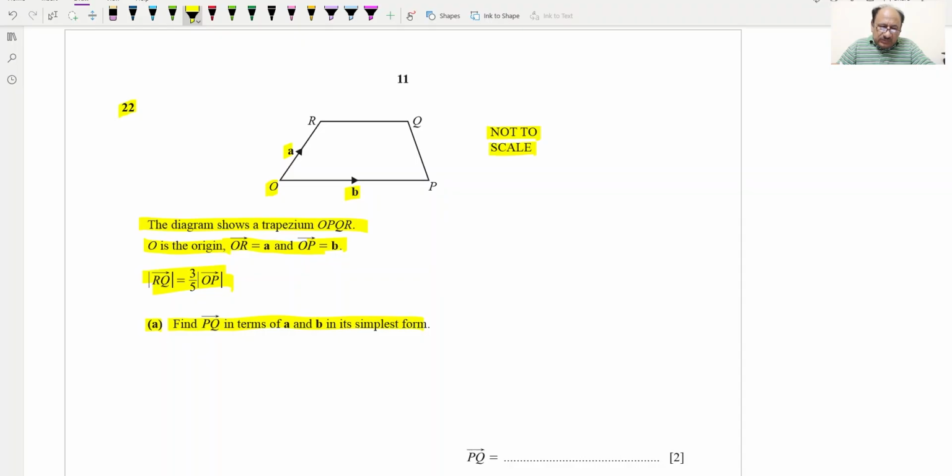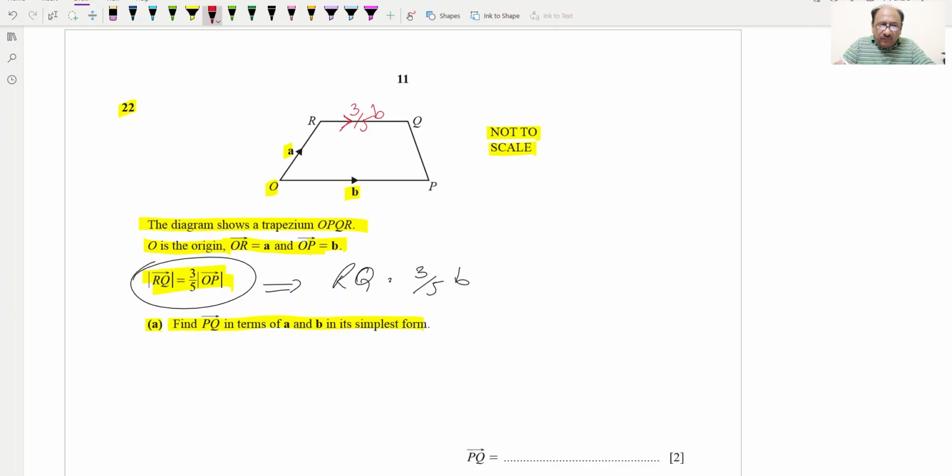RQ is 3 by 5 of OP, and OP is B. So from this we can write RQ is equal to 3 by 5 of B, so 3 by 5 B, and the direction will be this one.